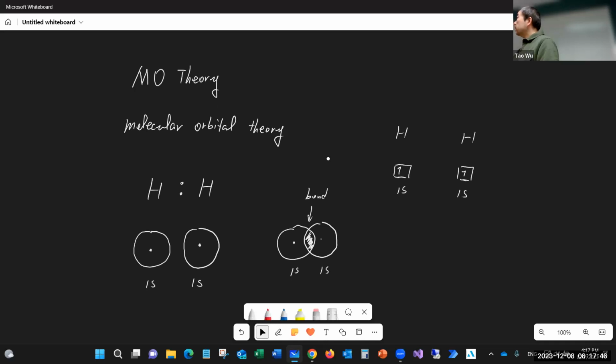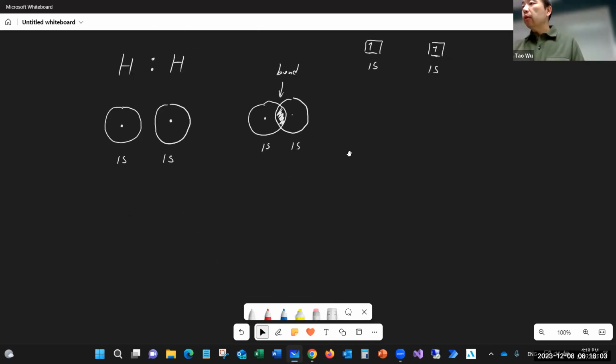In other words, if you want to build a bond, you have to have a single unpaired electron in the orbital. If you don't have a single unpaired electron, then you're not going to have bonding. That makes sense, right?